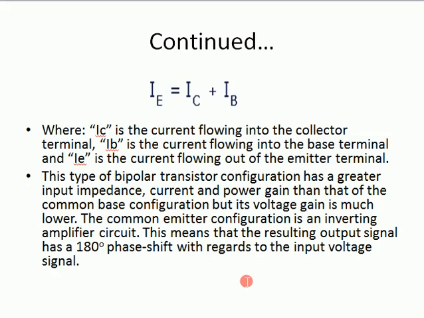When you discuss the half cycles, they change their value at 180 degrees. So the common emitter configuration is an inverting amplifier circuit. It means that the resulting output signal has a 180 degree phase shift with regards to the input voltage signal.